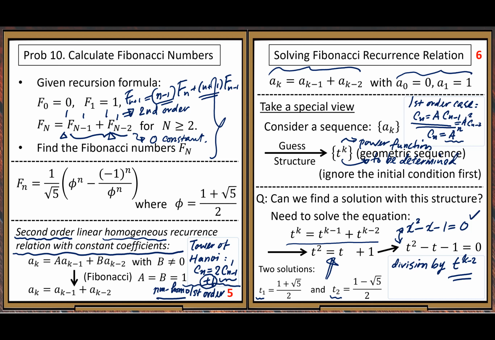But here, what's the meaning of this little t? It is just a solution for the current recurrence relation. It has nothing to do with the golden ratio.